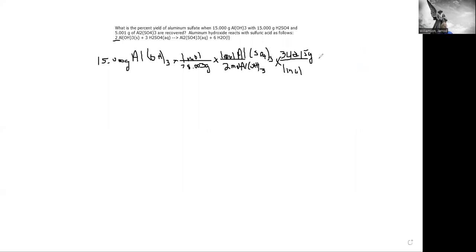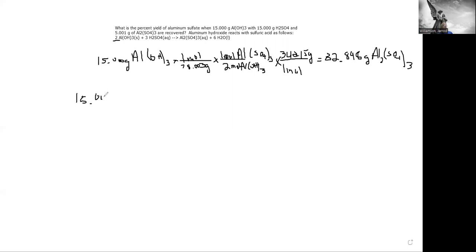And if I get my calculator out and use that, I will have here 15 divided by 78.003 divided by 2 times 342.15, and that will give me 32.898 grams of the Al2(SO4)3.